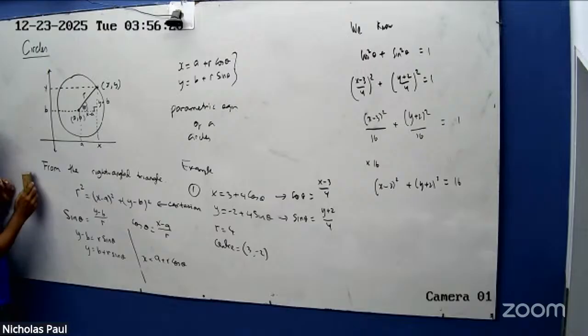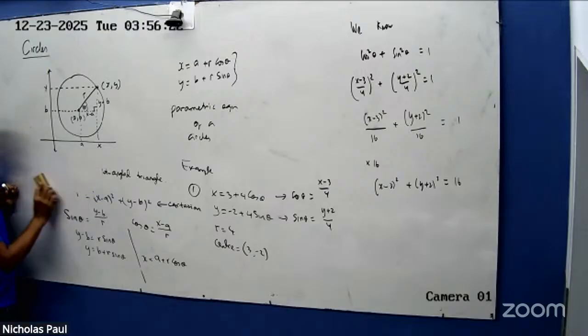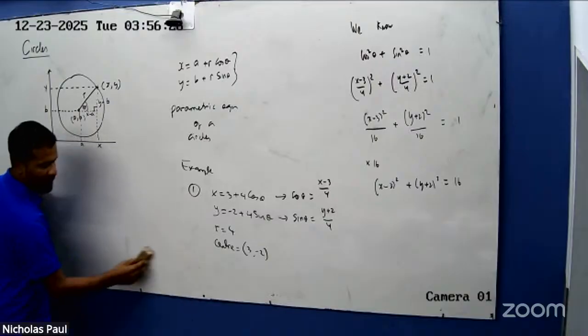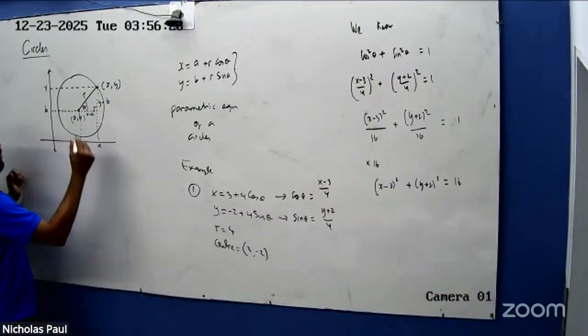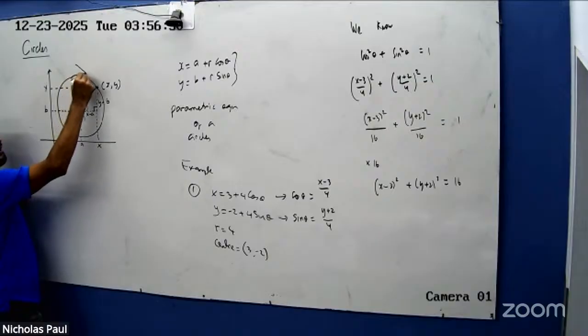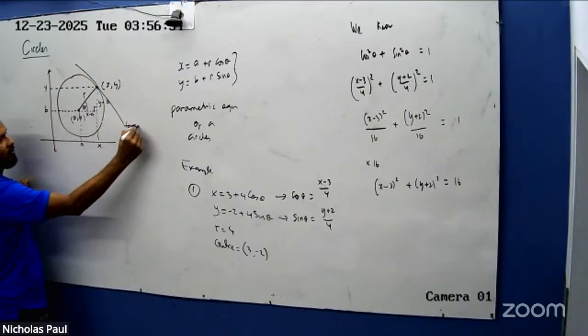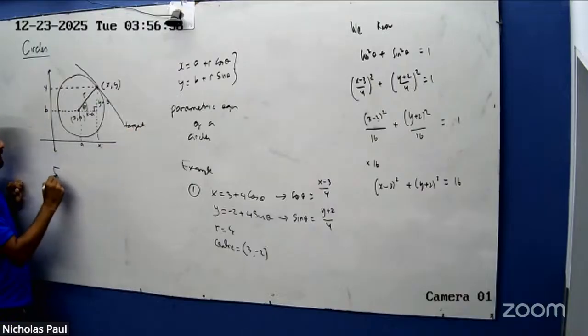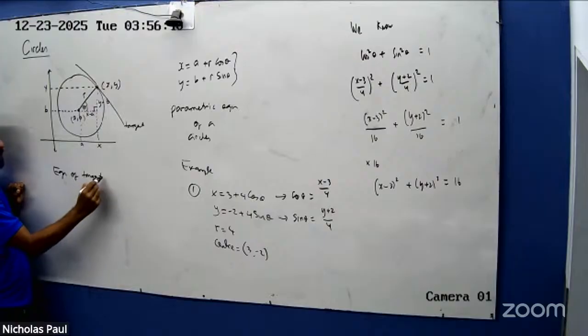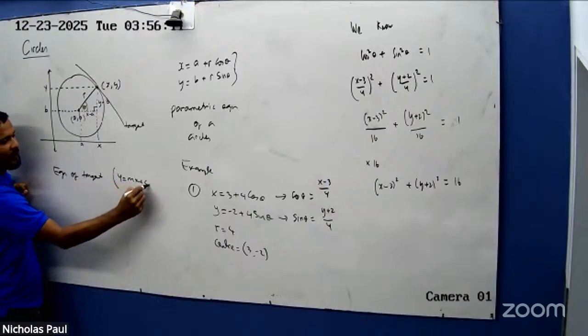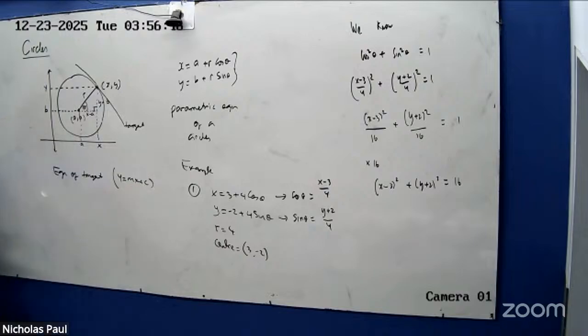Just one thing I want you to remember. This is Form 5 work here. From Form 5, you had to sometimes find the equation of a tangent. So sometimes they ask for the equation of a tangent. You remember, the equation is y is equal to mx plus c. So how do we find the equation of a tangent?